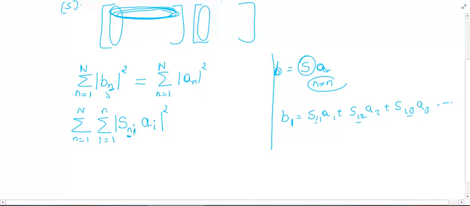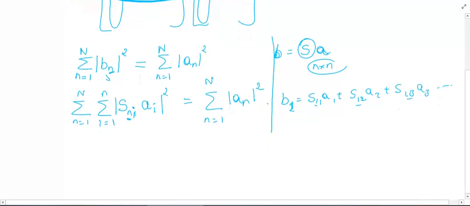Now this i is varying from 1 to n. If it is 2 you will get a different term, if it is 3 you will get a different one, and so on. So consider that changes, understand it properly. Now this is equal to summation n is equal to 1 to capital N magnitude of An squared. Fine, what next can we do here?